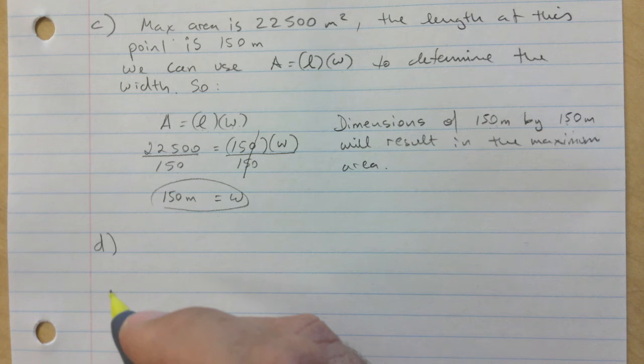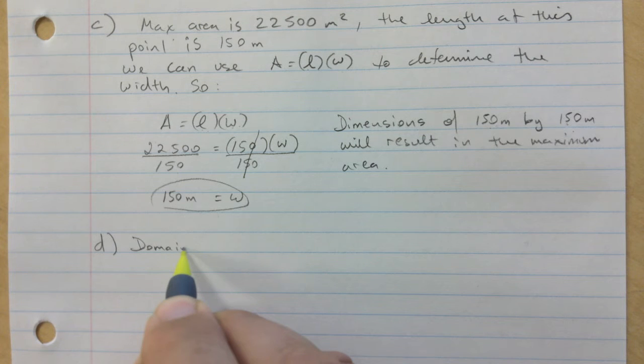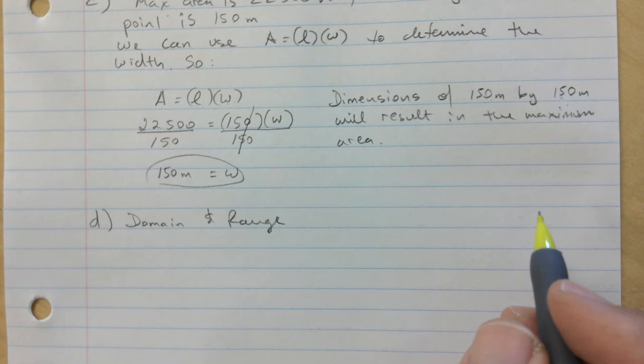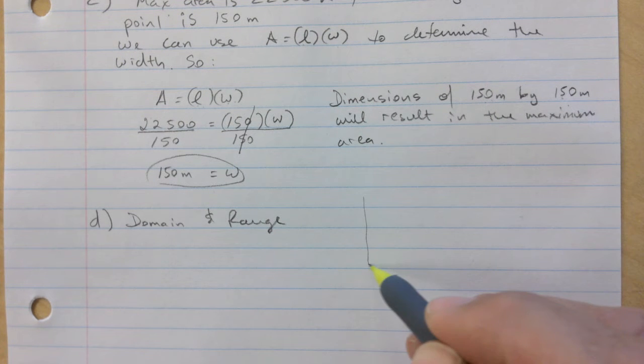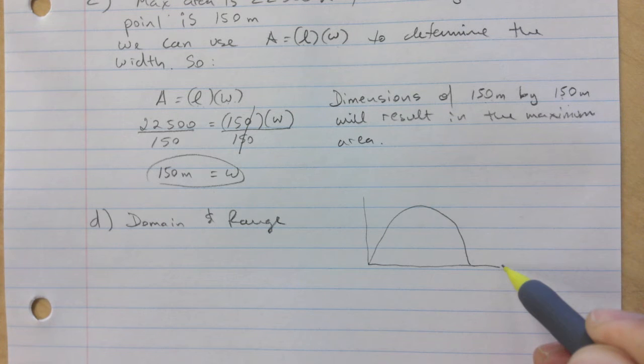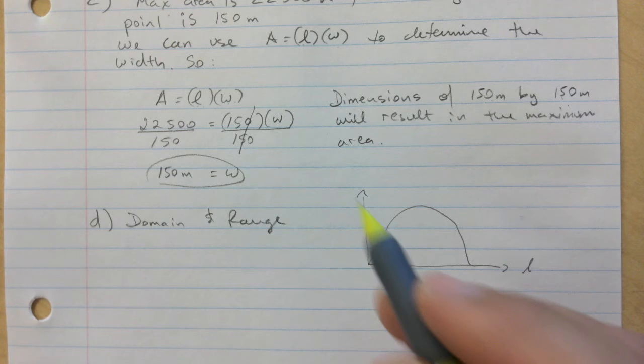D is asking for domain and range. So if we just have a visual here, we know that it starts here and goes like that, right? Under these circumstances, whatever I ask you to graph, that's the one I want you to use. So this would be length and area.